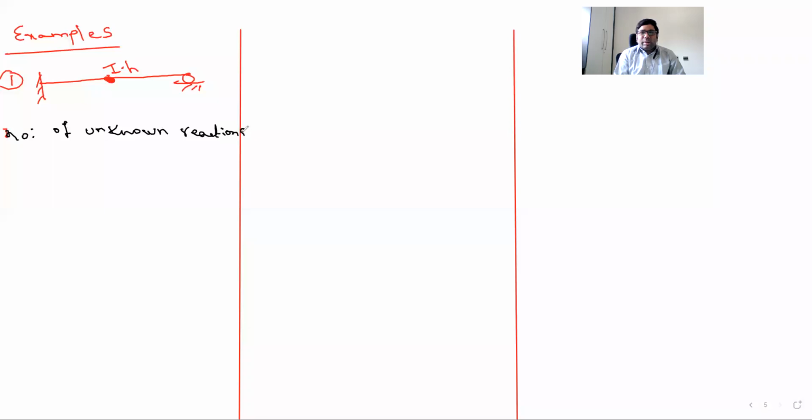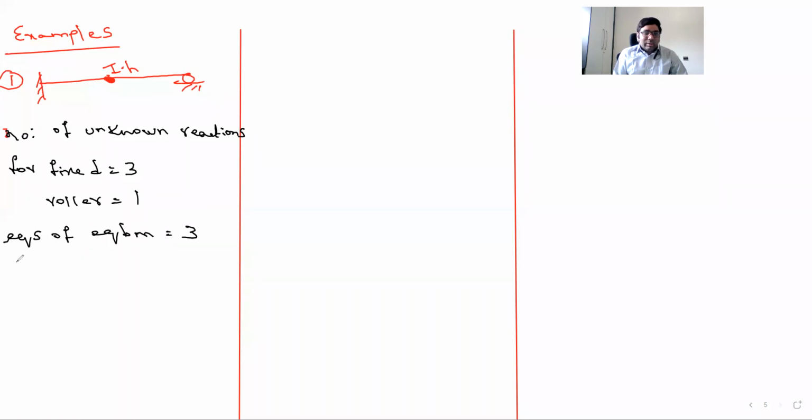Number of unknown reactions: for fixed, it is equal to 3. For roller, it is equal to 1. And equations of equilibrium is equal to 3.